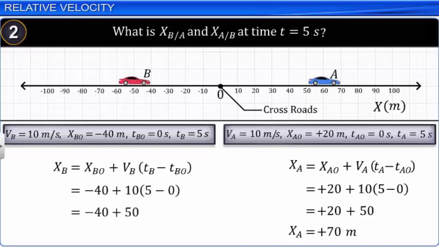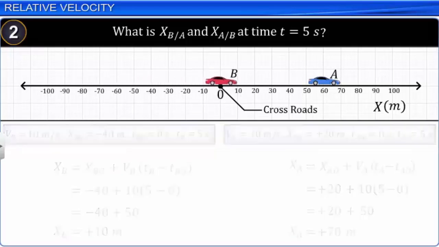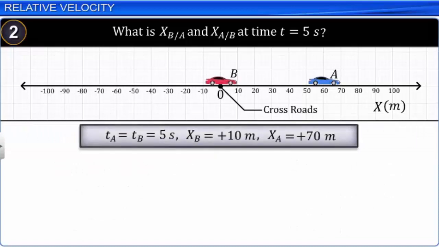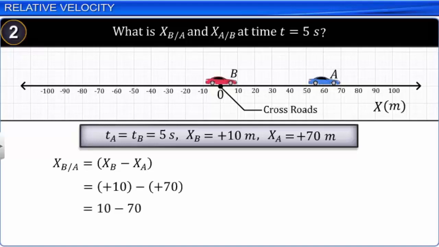Now, calculating for xb by A, which is equal to xb minus xa. On substituting values and simplifying, we get xb by A equal to minus 60 meter. And calculating for xa by B, which is equal to xa minus xb.